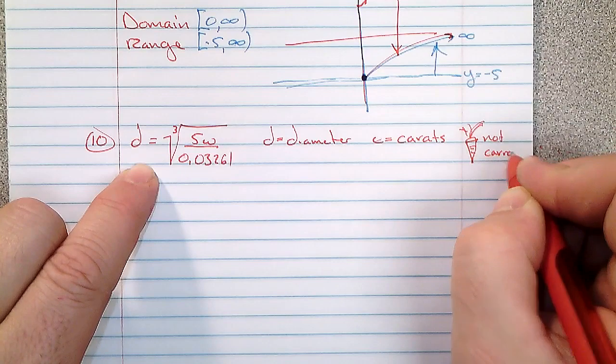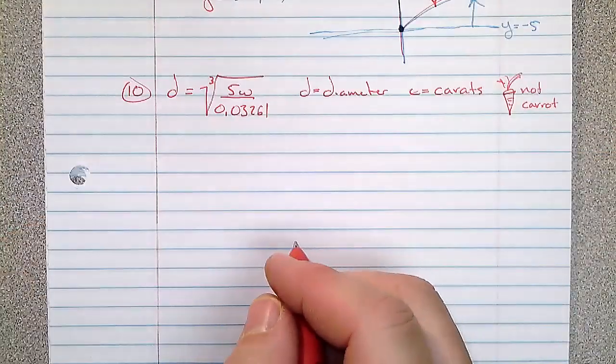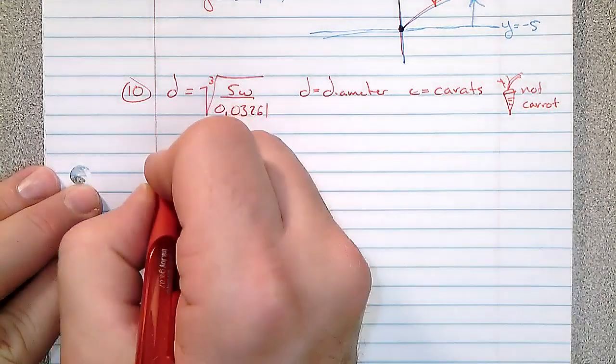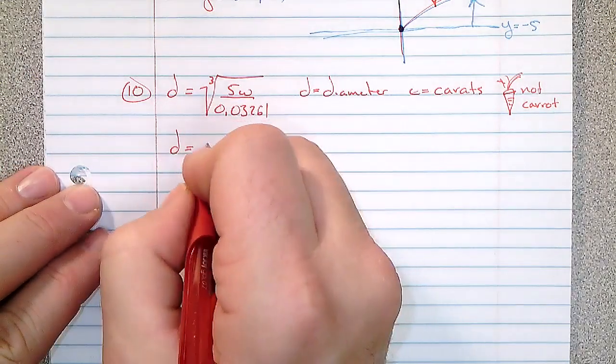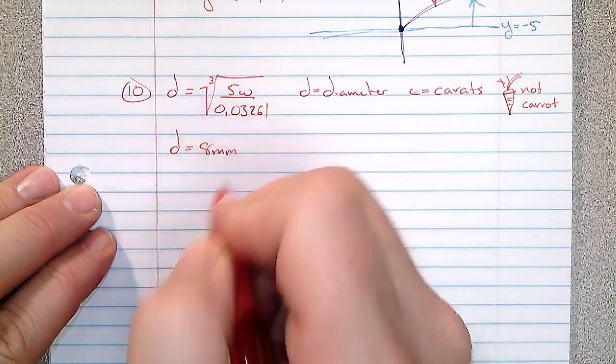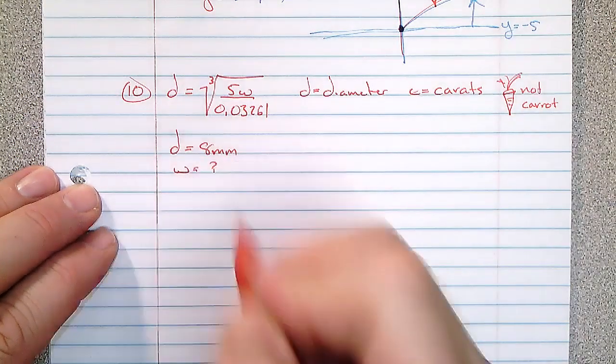Okay. So again, we're told that we have an average diameter. So D equals 8 millimeters. And we're asked to find W. So W equals question mark.